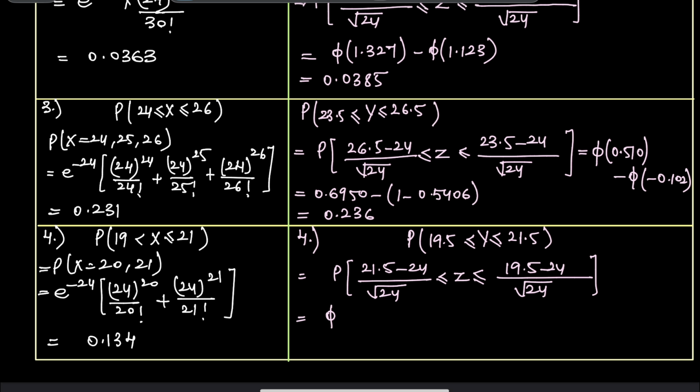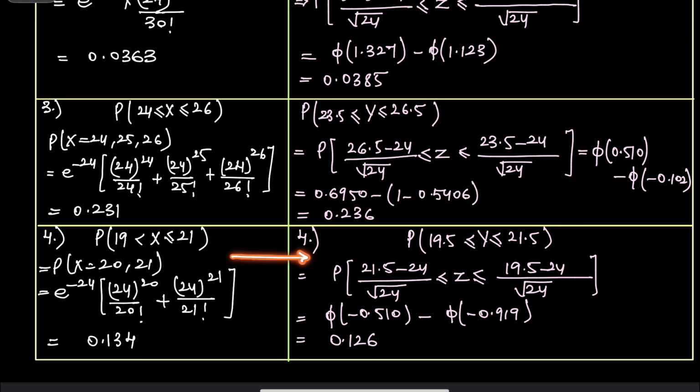So we have phi of minus 0.510 minus phi of minus 0.919. On solving this by using a calculator, the final answer is 0.126. So again, you can see that we have approximated a Poisson distribution by normal distribution in the fourth case also. So this is the way we need to do the questions.